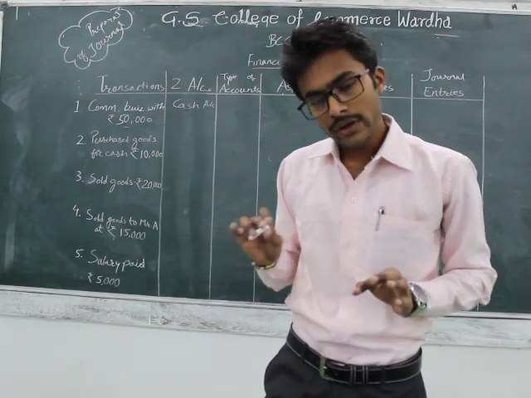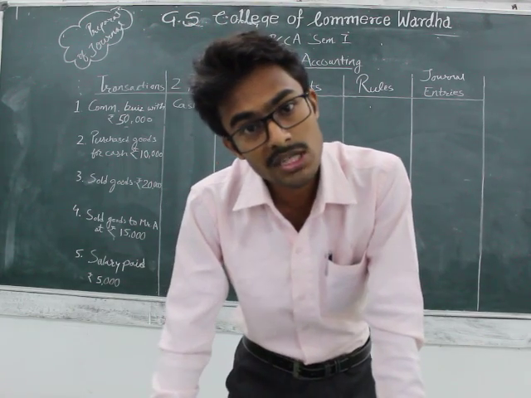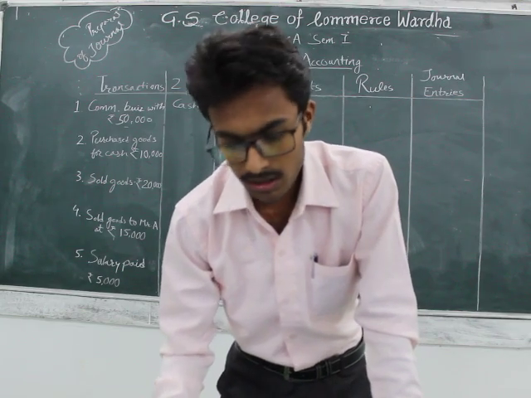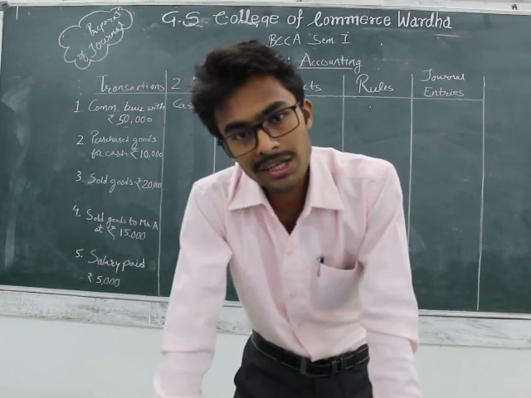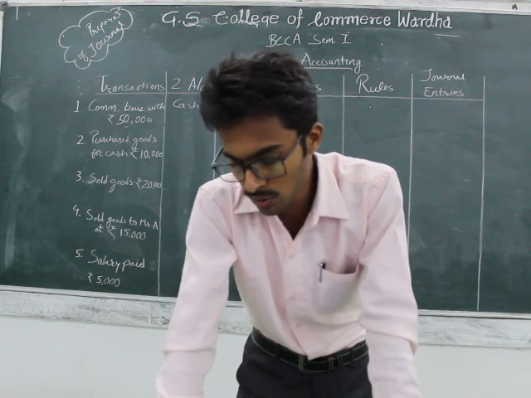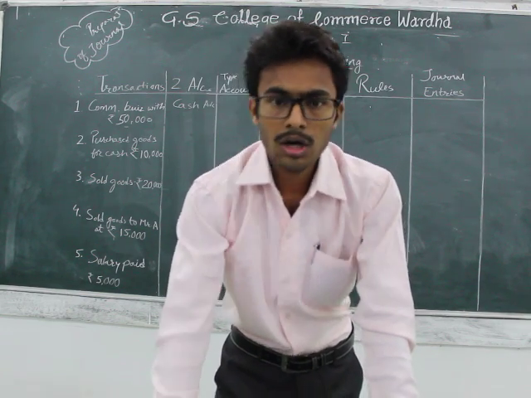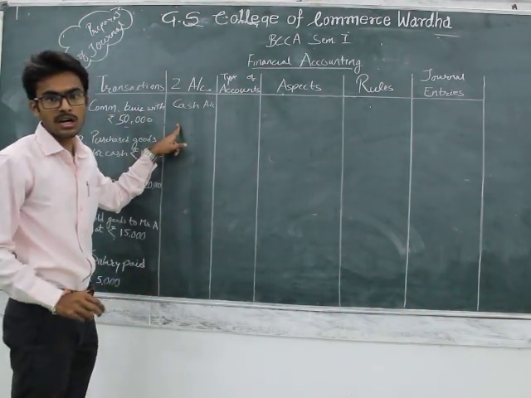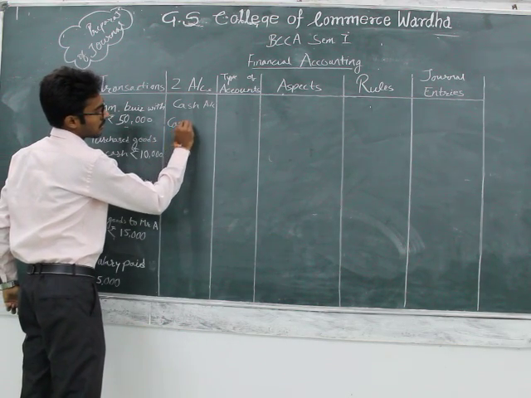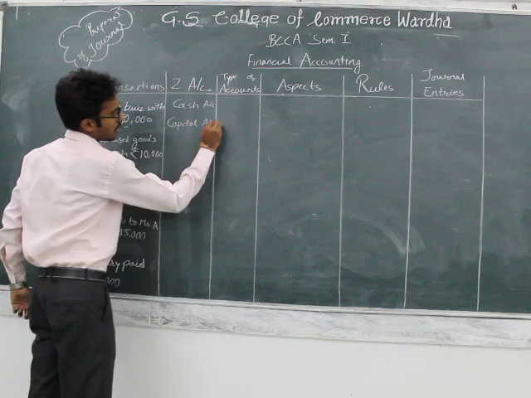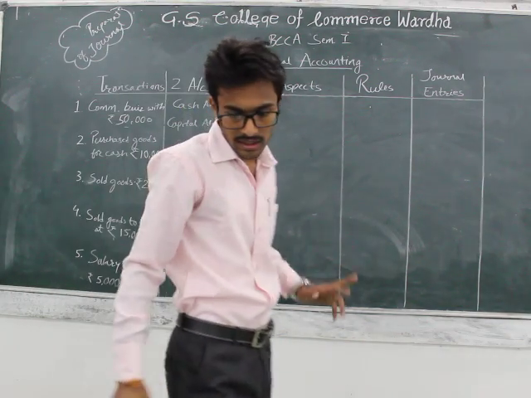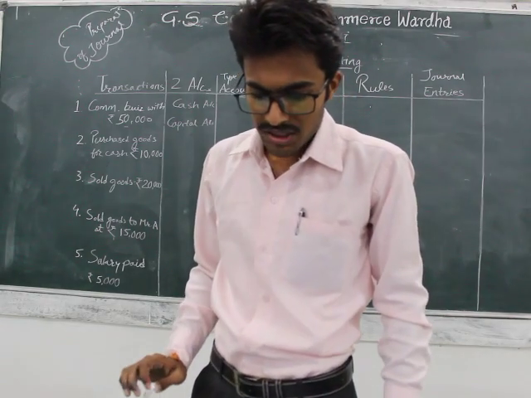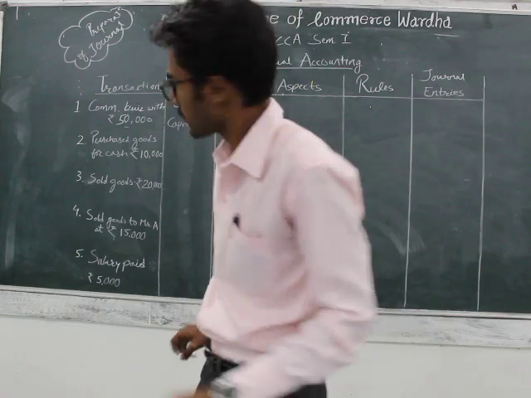So we will not record the transaction by the name of the business owner, but instead of the business owner's name we will put the terminology capital account. So here the business owner's account means capital account. Two accounts: cash account and capital account.